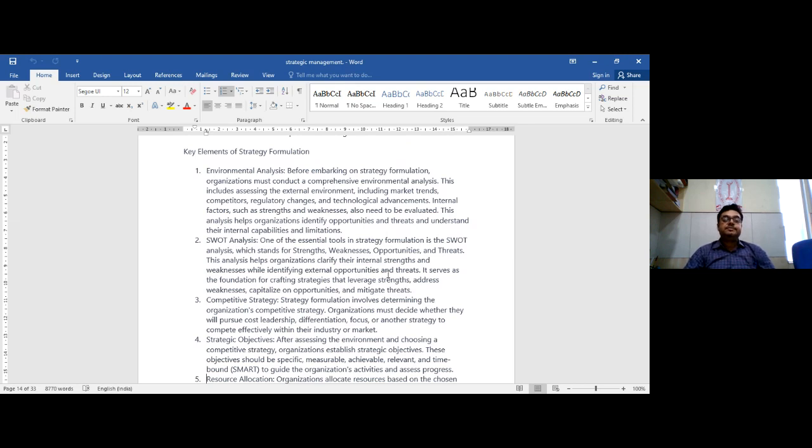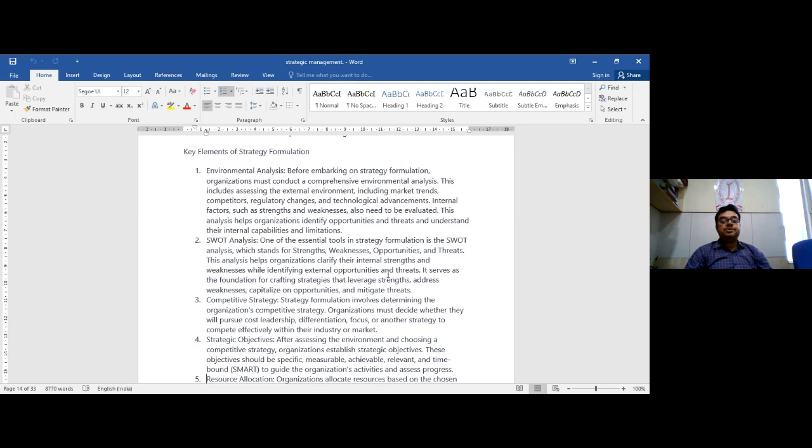SWOT analysis. One of the essential tools in strategy formulation is the SWOT analysis. This helps organizations to clarify their internal strengths and weaknesses, and also identify external opportunities and threats.